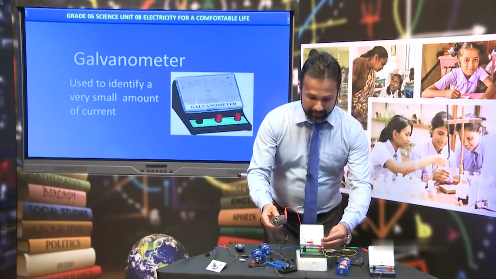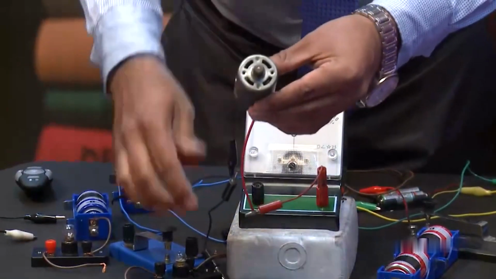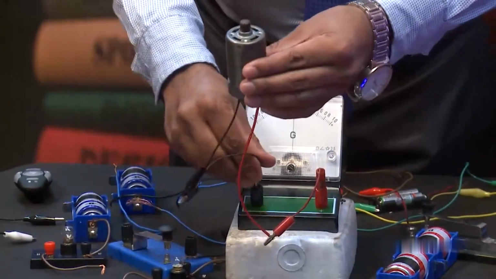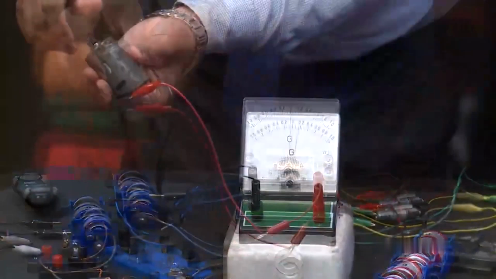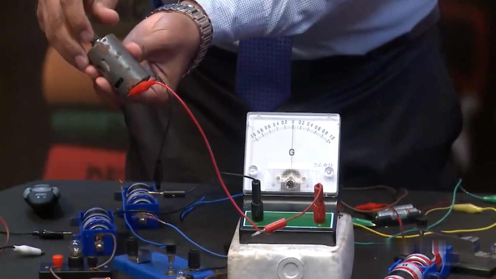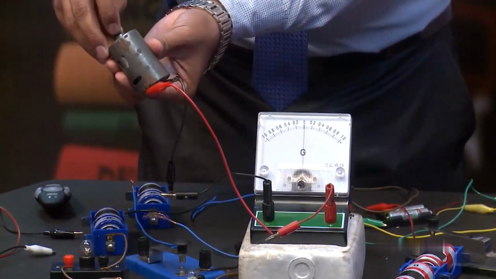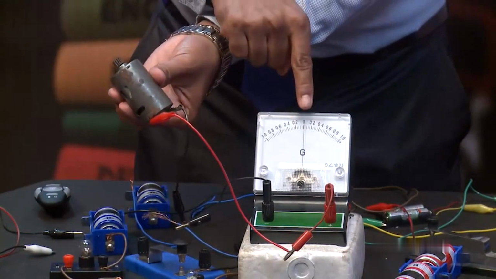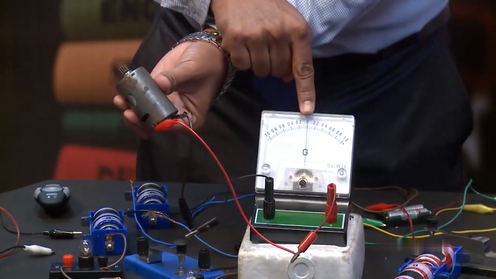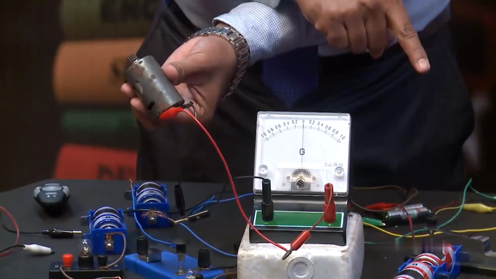I am going to connect the positive terminal to the positive side, and the negative terminal to the negative side of the galvanometer. Right here. When I rotate this dynamo in a clockwise direction, the galvanometer indicator shows a deflection to the right side.